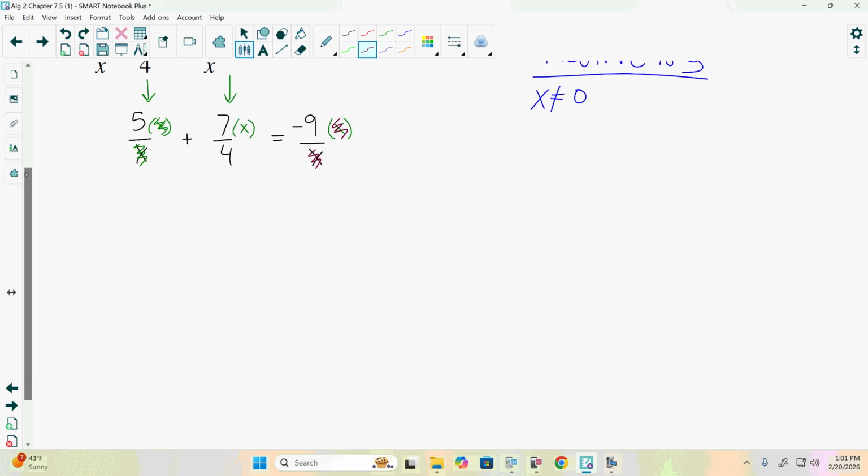So just by multiplying by that single x, we reduced two of the fractions. However, it did not reduce the middle one. So what else do we need? 4. So we're going to have to multiply everything by 4. And by doing this, the middle term's denominator of 4 will cancel out with that 4 also.